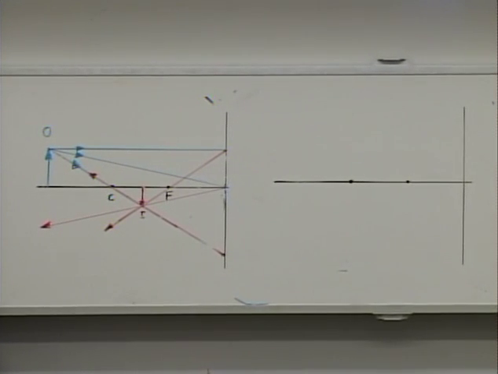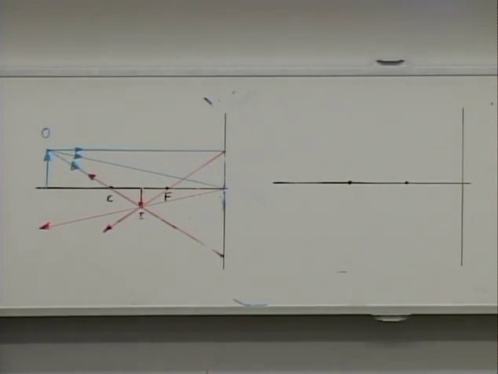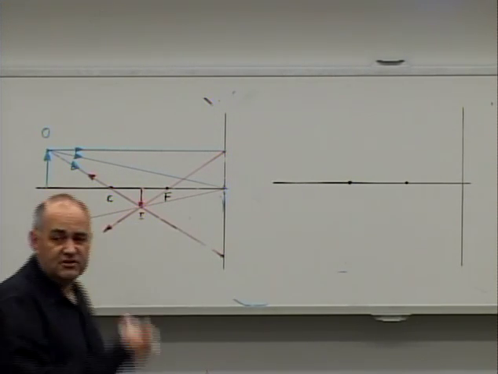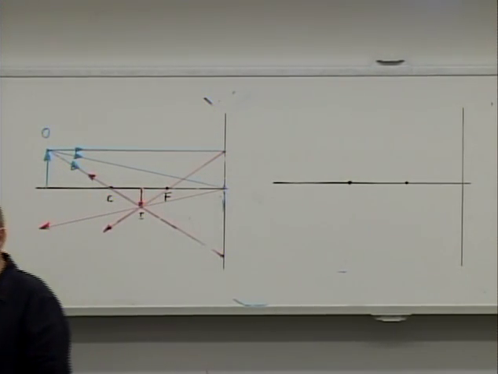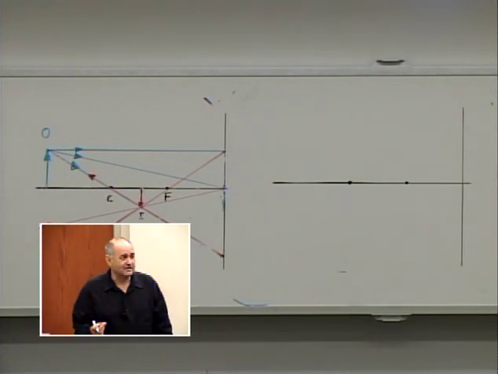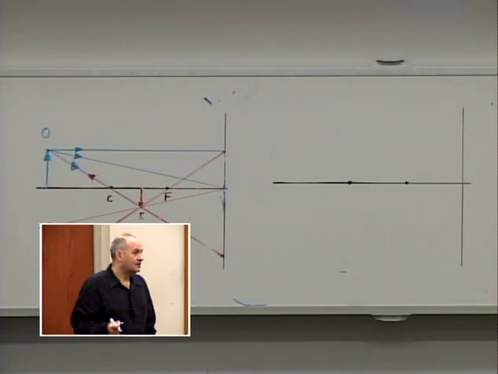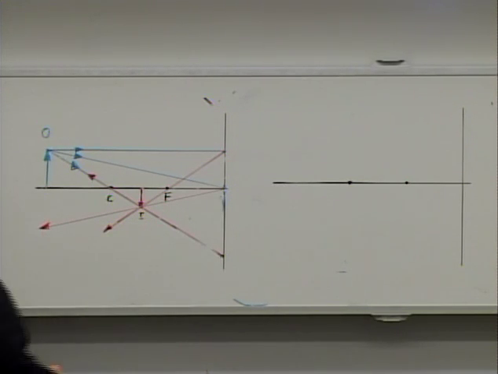So actually this construction confirms that the point which we found a moment ago was correct. Now, we can still use the fourth ray. Which one? Object focal ray. Let's use this too.